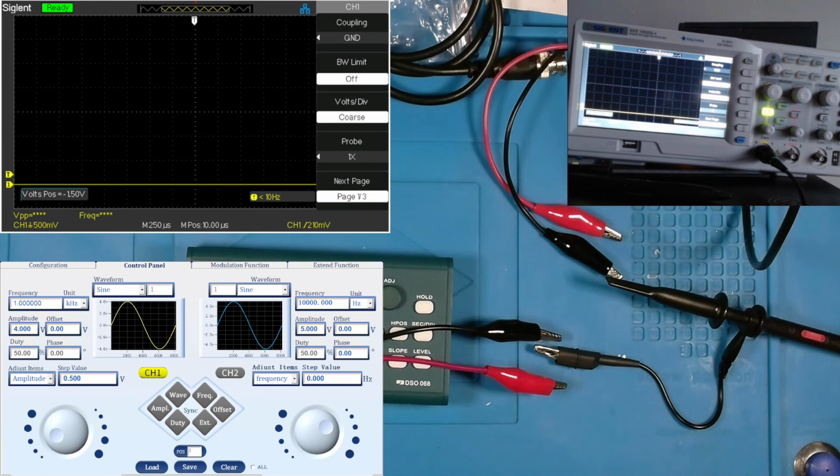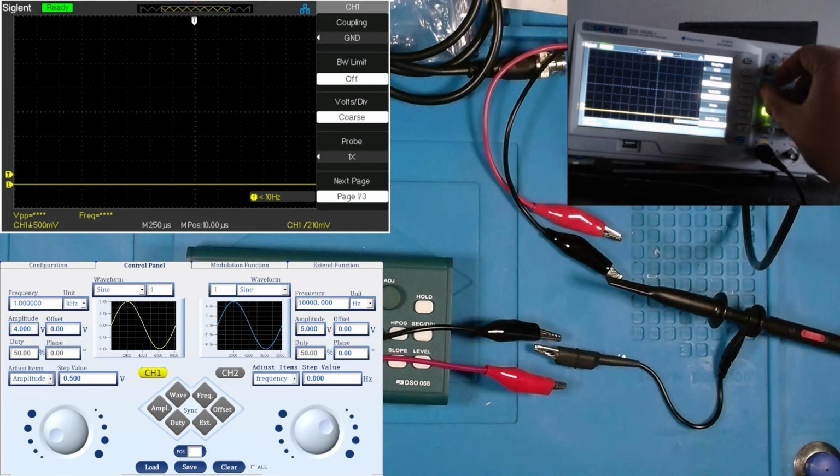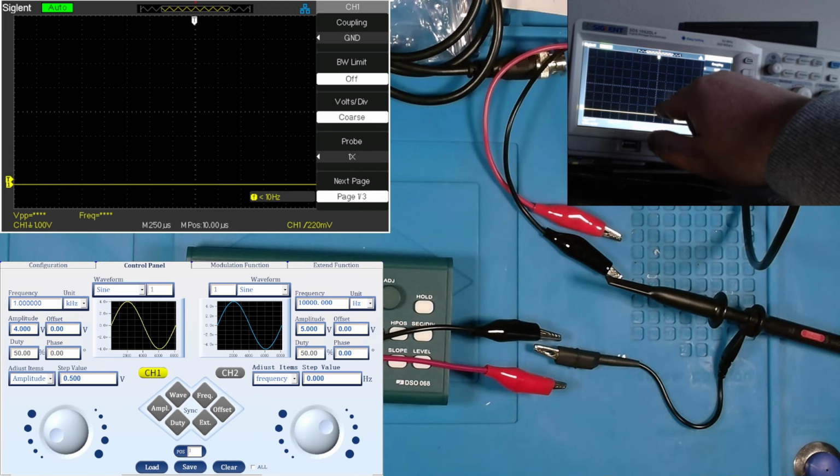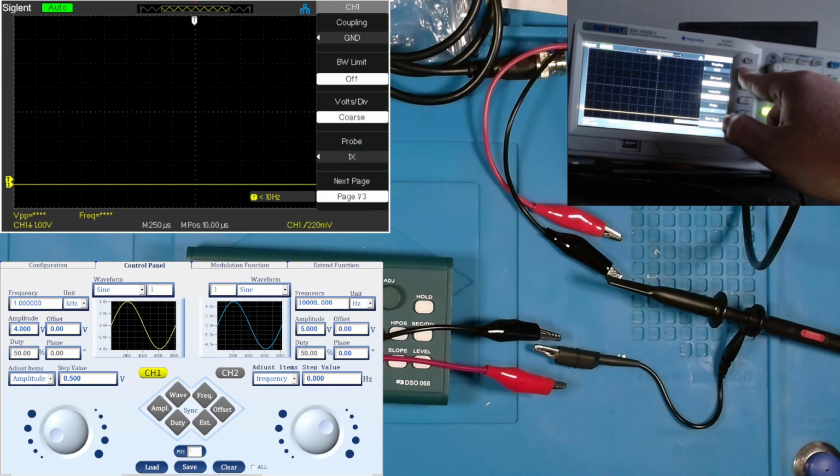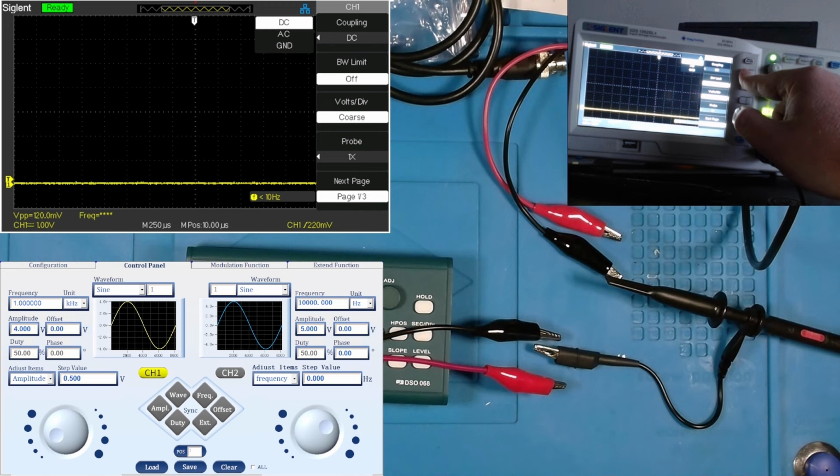Now I've set my benchtop power supply to 5 volts DC, so I'm also going to adjust up my voltage scale for 1 volt. And we should have an increase of 1, 2, 3, 4, 5. 5 volts should be about there.